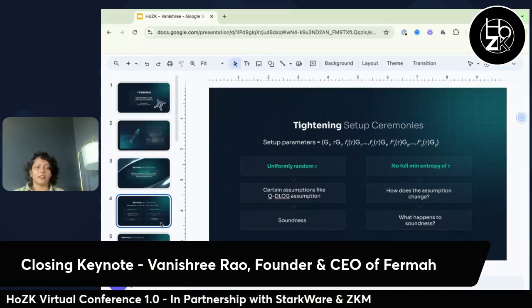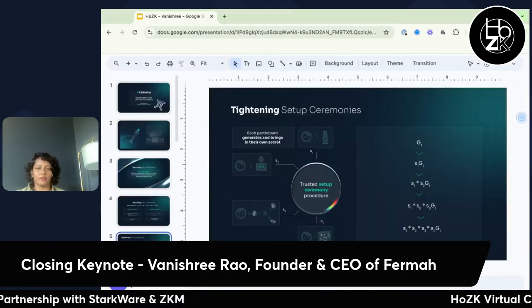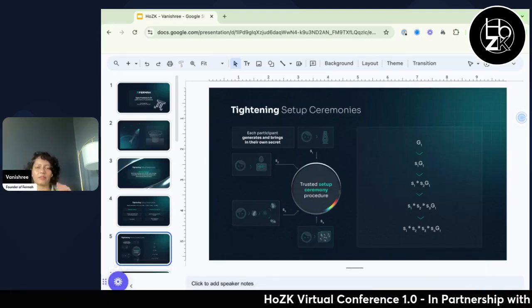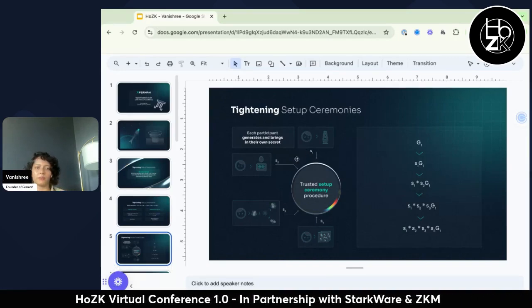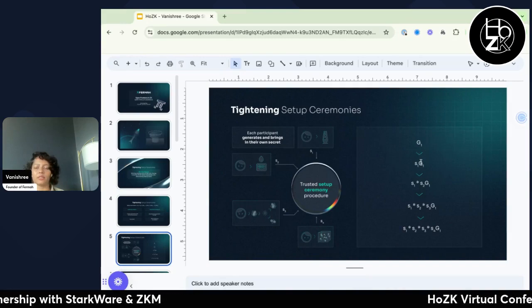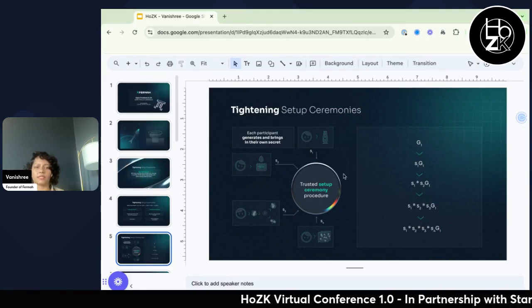Okay, so before we go further, I want to give another quick visual on how trusted ceremonies happen, just one layer down. Different people pool in their contributions to the randomness, and tau is typically computed as the product of the values S1, S2, S3.